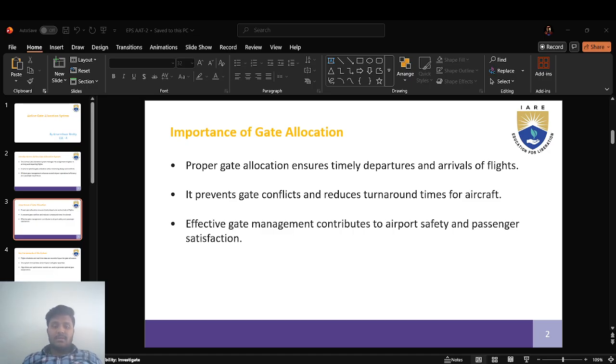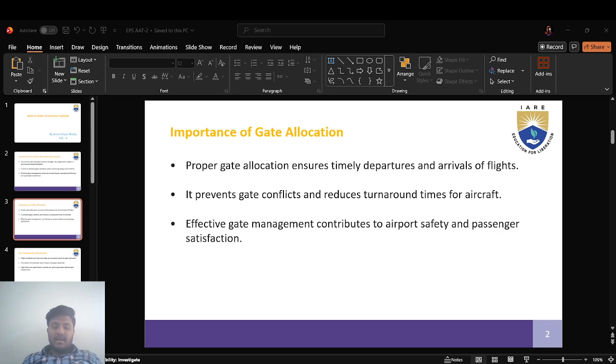Faster aircraft turnaround. Turnaround is the time a plane spends at the gate for passengers to get off and on, luggage handling, refueling, and cleaning. Efficient gate allocation makes this process quicker because everything is ready in advance.